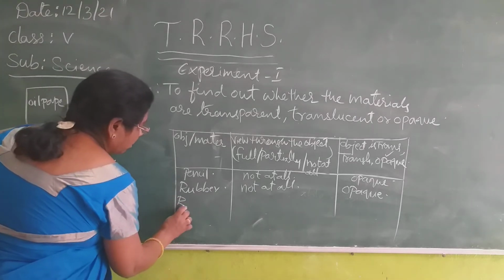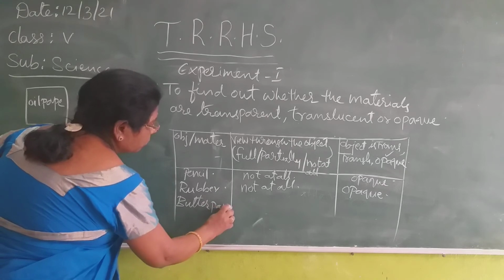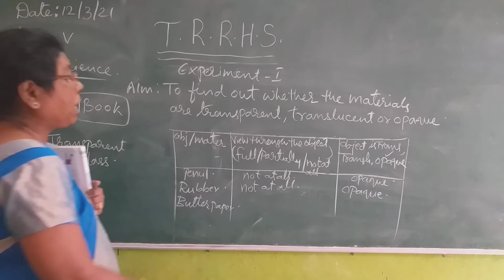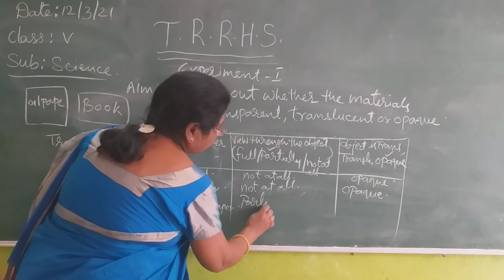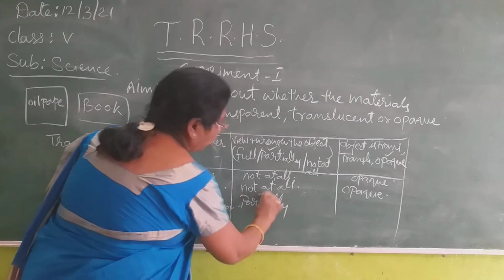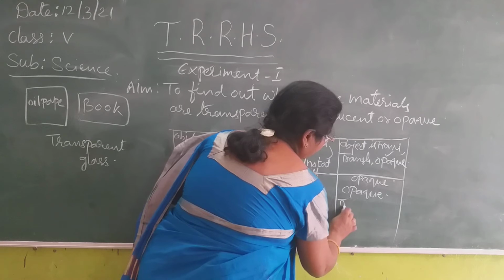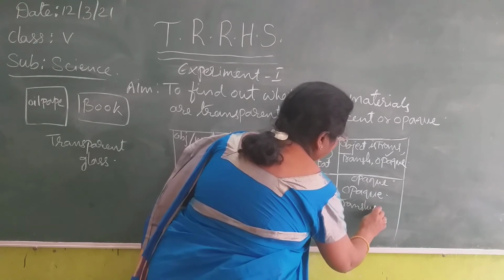Butter paper. Take the butter paper and observe through the butter paper to the other side. The light passes partially. So the object is translucent.